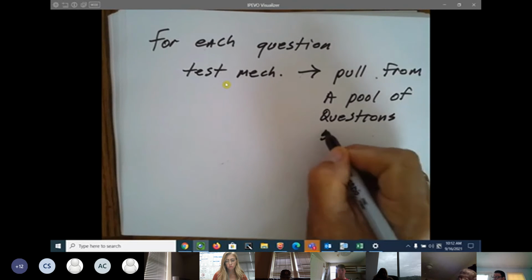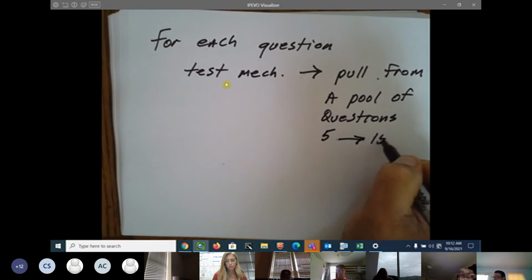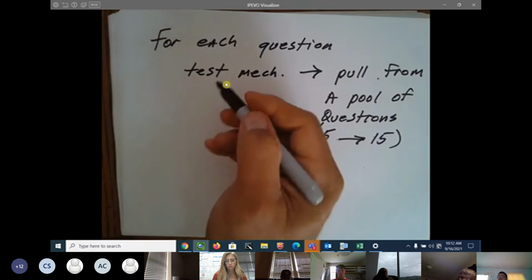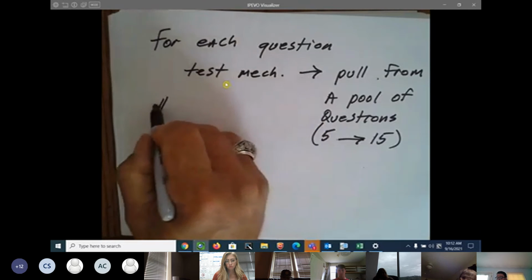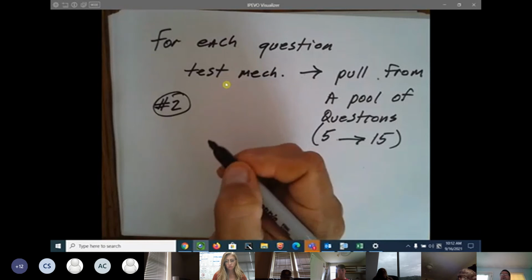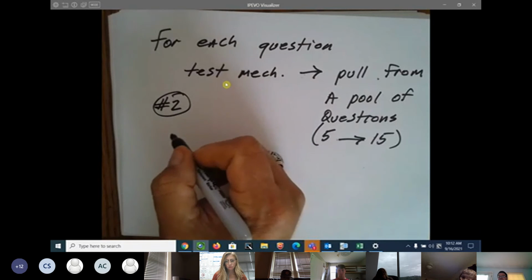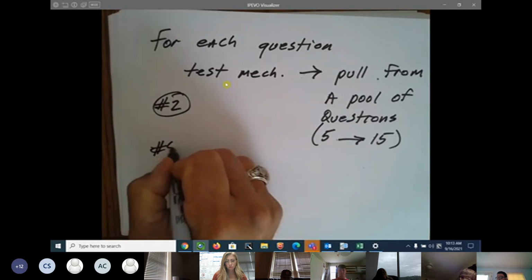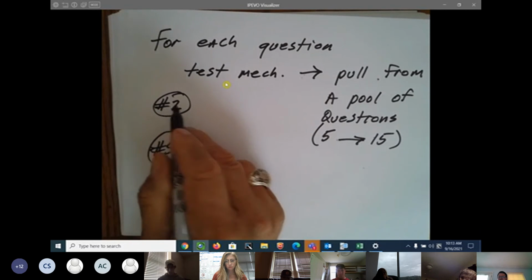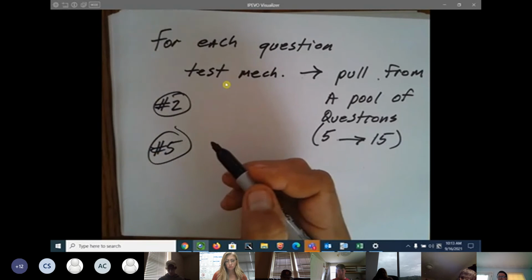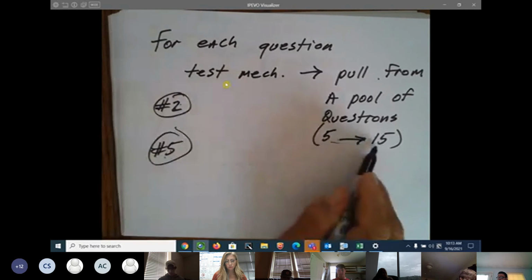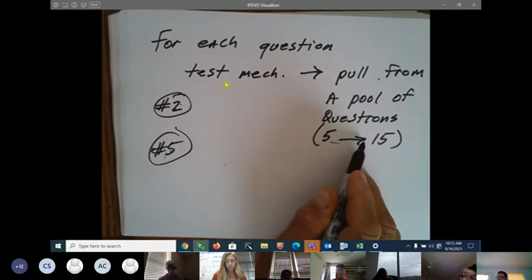Some have 5 questions, some have 15 questions. So if Miss Ray is taking the test and she's on number 2, Miss Wiggins may be on the test and her number 5 looks like Miss Ray's number 2, but it's going to be totally different, but it's similar because those two questions are pulling from the same pool. Okay.